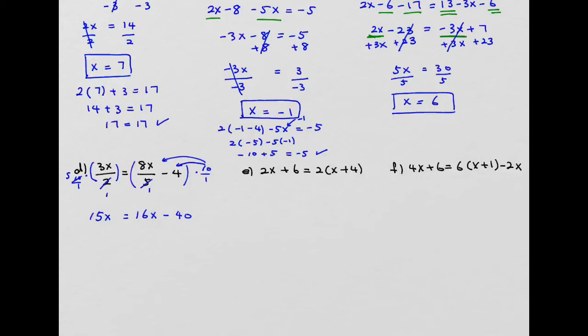So in order to do that, I will subtract 16x from both sides. Then I get negative 1x, and you have negative 40 on the other side. And when you divide both sides by -1, you get x equals positive 40.